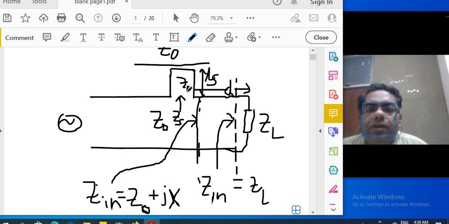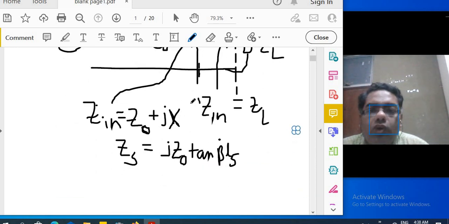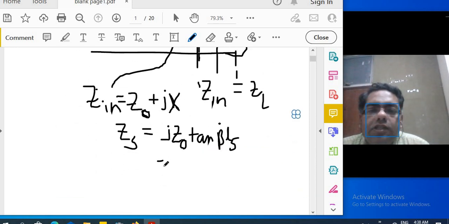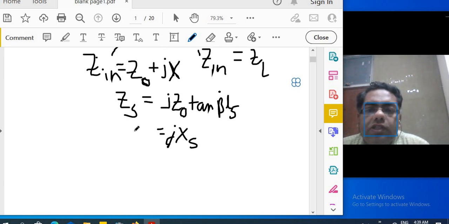I am taking the characteristic impedance of the stub as Z0 only. This I can write as jXS. So this is the input impedance of the stub.